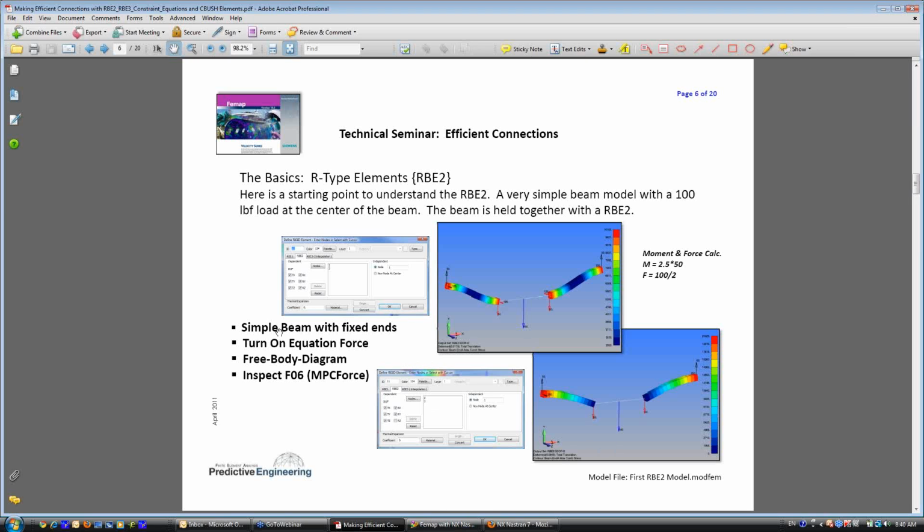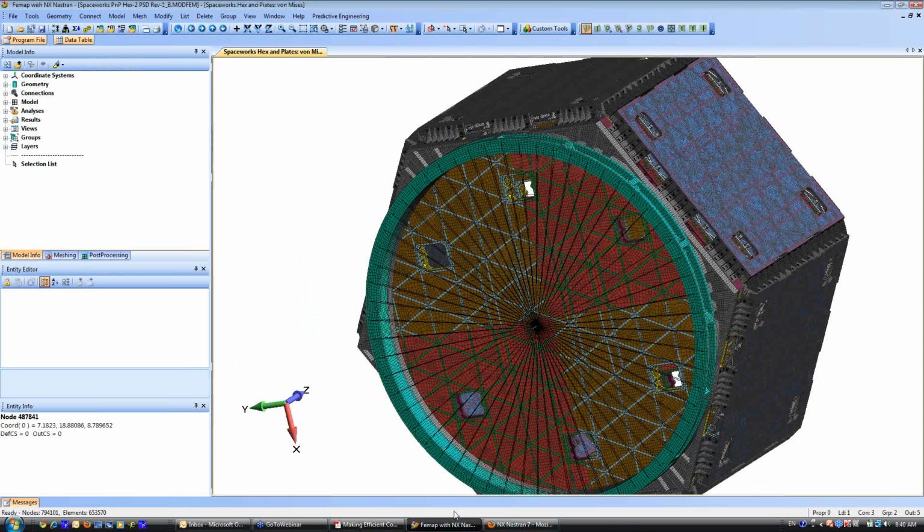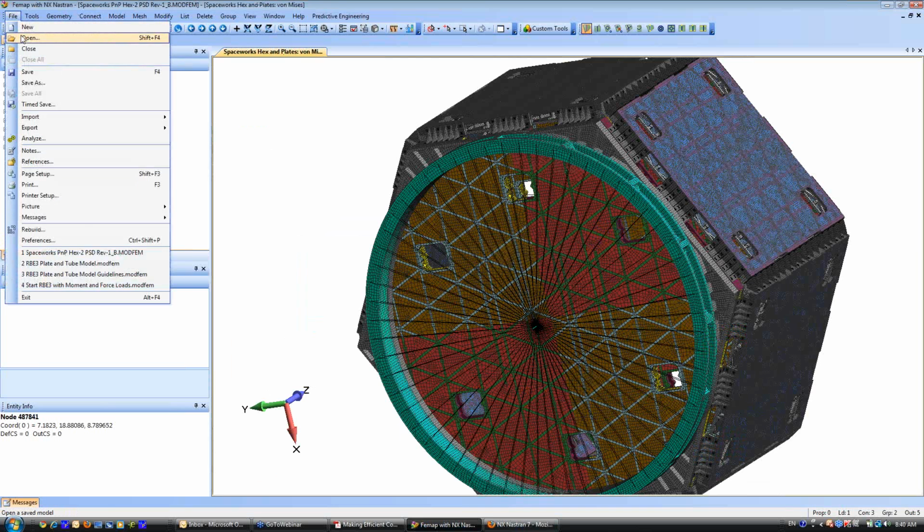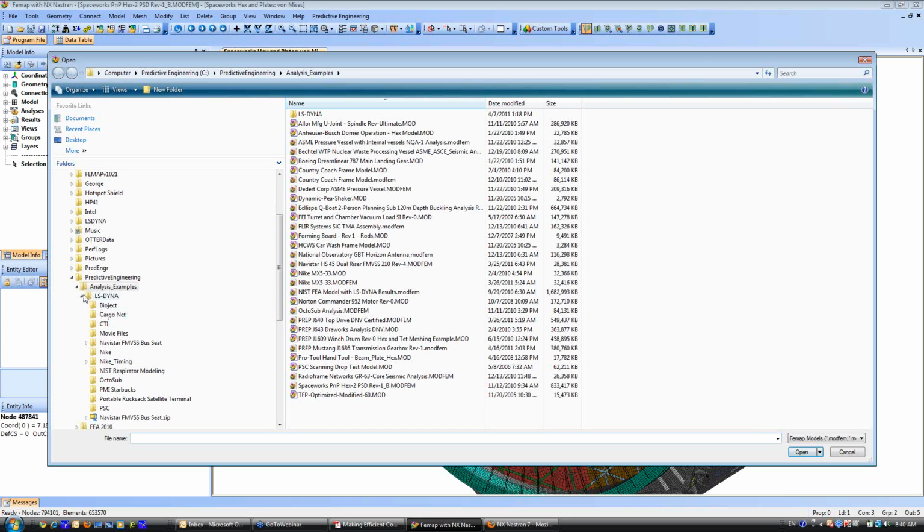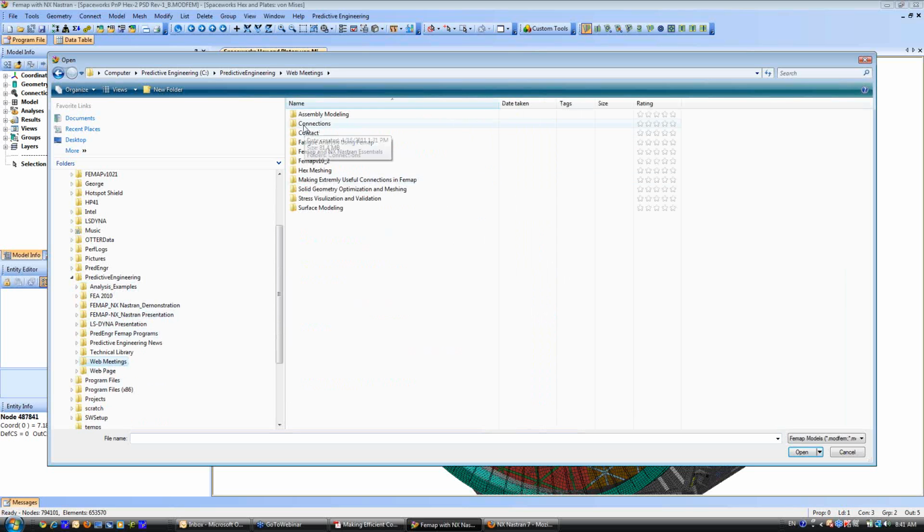And I want to talk about how you set up the equation force so you can extract the free body diagram information, and we'll look at the F06 file too. And this model file, first RBE model uniform, is something that you guys can get a hold of afterwards and use.